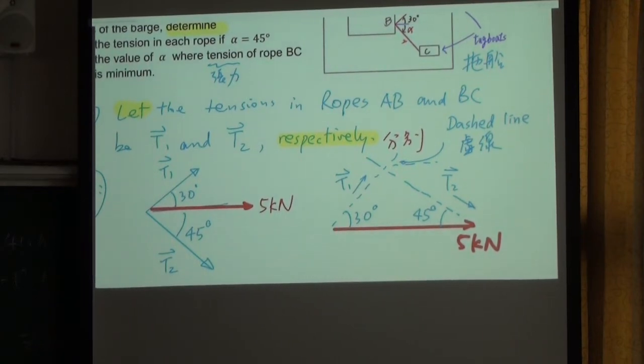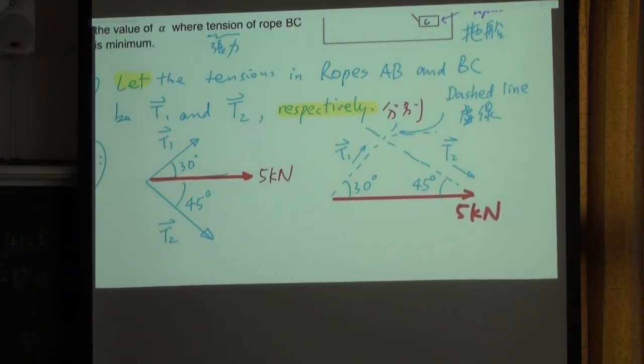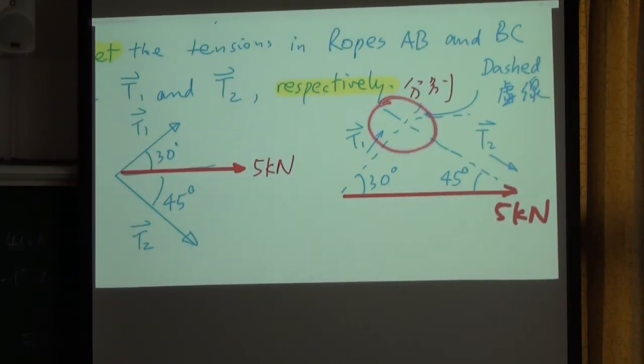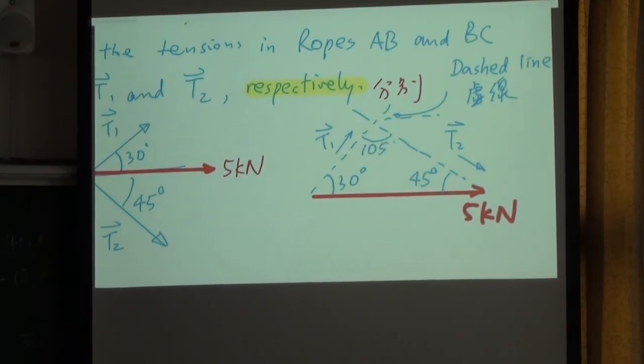So of course, I think you know how to calculate T1 and T2 now. We have 30 degrees here and 45 degrees here. What's the angle here? What's this angle? 105 degrees.